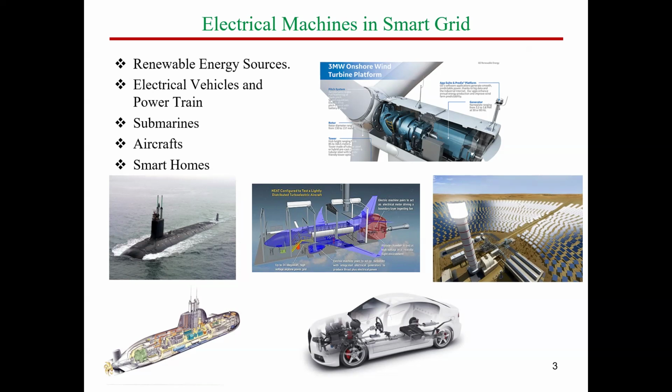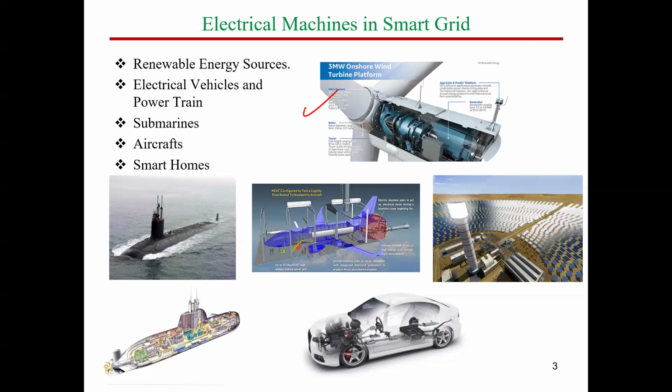So a smart grid can have a lot of the following systems, like, for instance, renewable energy sources. You can use, for instance, wind energy. This is a section of the nacelle of a wind turbine, which includes some devices inside. And as you can see here, this is a 3 megawatt onshore wind turbine platform.